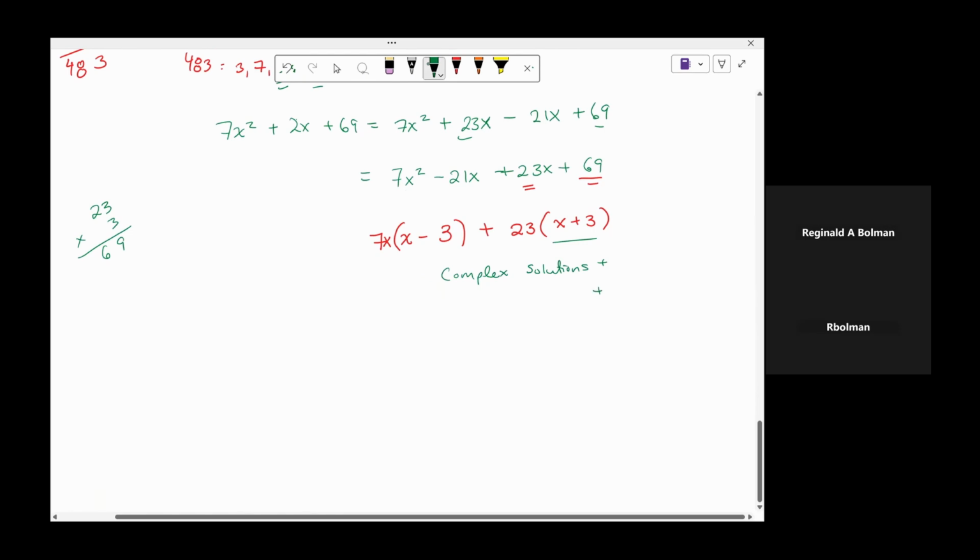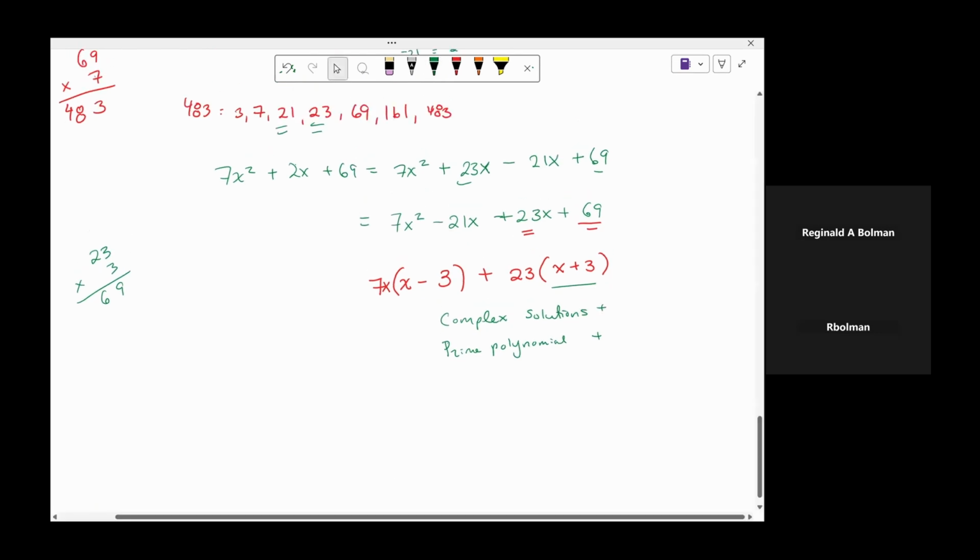Or the second possibility is that we have what is known as a prime polynomial, which means that even if you could factor the polynomial, the solutions themselves are going to be really, really nasty looking.